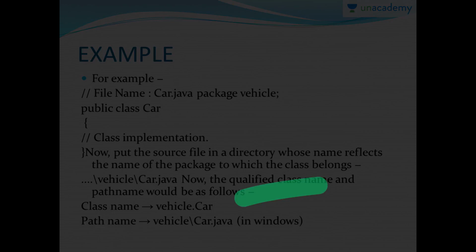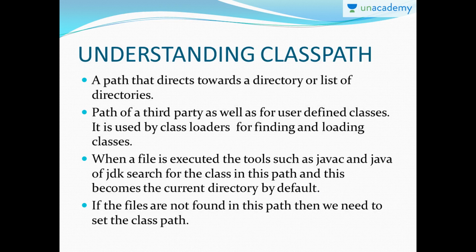Next, let's see what a class path is and understand it better. Basically, as I've told you all, packages are stored in a directory, right? So this class path is a path which leads us to a directory in which packages are stored in the form of a list. And as classes are stored in the form of a number of packages, in the same way packages are stored in the form of a list of directories, right?